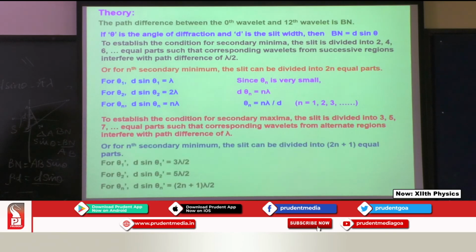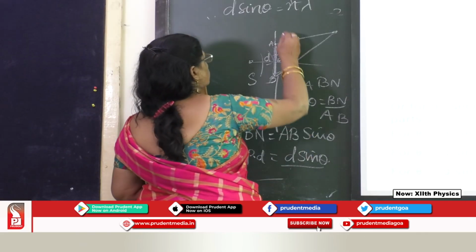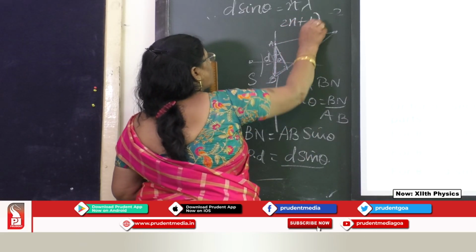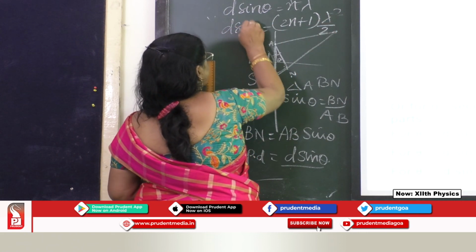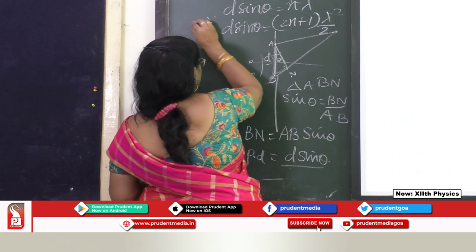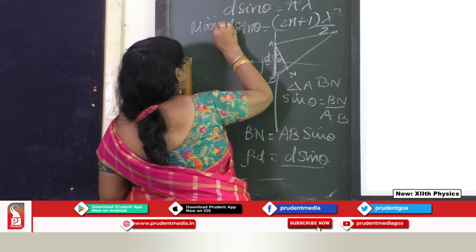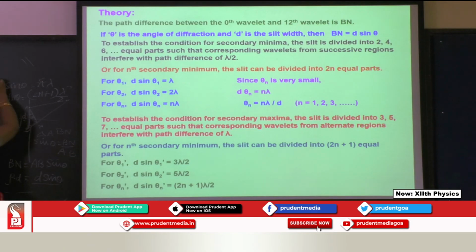When you consider the path difference for the maxima, it is 2n plus 1 equal parts, so we have (2n plus 1) into lambda upon 2. This is for maxima and this is for minima. When you consider the secondary minima, the slit can be divided into different parts over here.